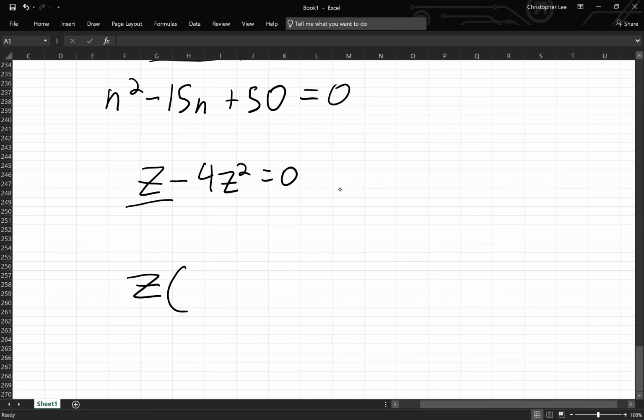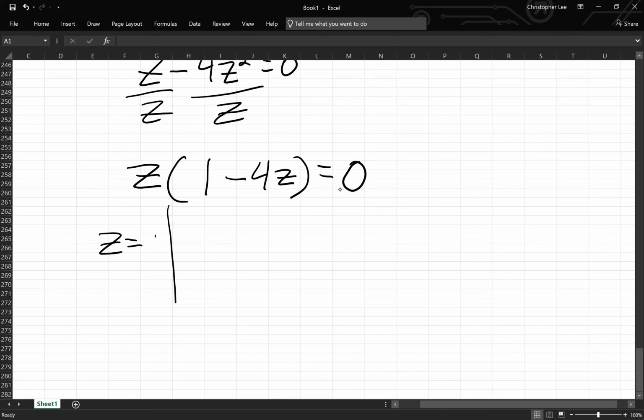It's like you're dividing by Z. What's left over? What's Z divided by Z? 1. What else? Equals 0. Right?